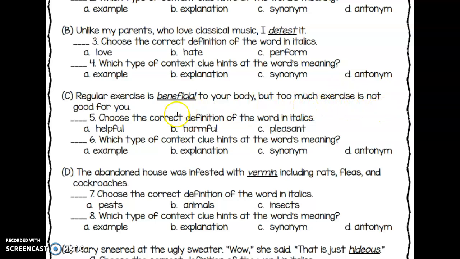Makes sense. B, harmful. Regular exercise is harmful to your body, but too much exercise is not good for you. Does not make sense. Or C, pleasant. Regular exercise is pleasant to your body, but too much exercise is not good for you. Our best answer choice here would be A.